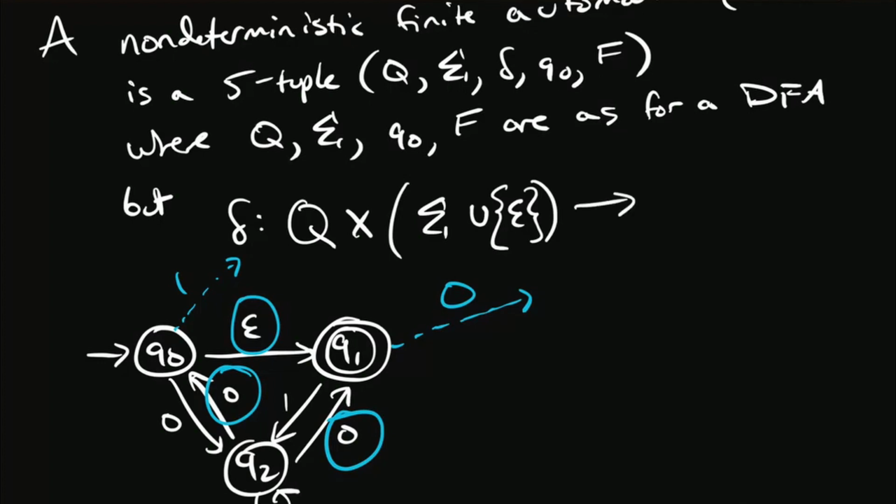So that's fine. But what should the transition function output here? Should we output exactly 1 state like a DFA does? No. What should we output here? Well, it could be any subset of the states. So in general, just a set of states. Well, but remember, what has to go here is I take something from there, and that's the result of the function.